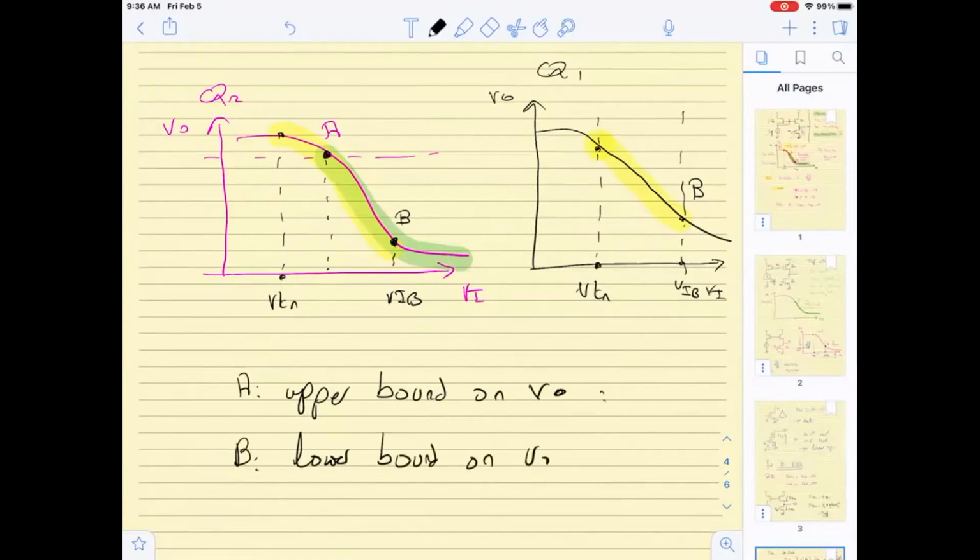This one I obtain from the Q2 condition to be in SAT, and this one I obtain from the Q1 saturation condition.